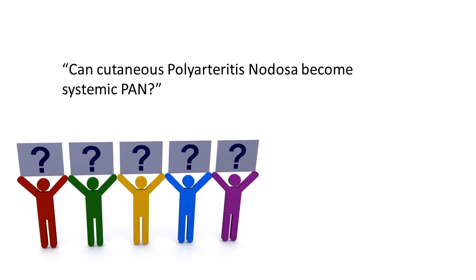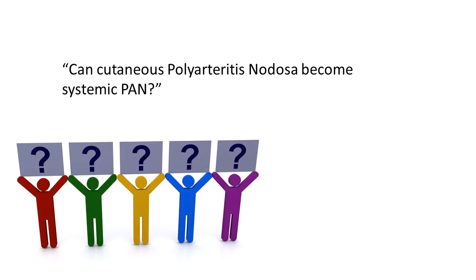The way I interpret that is that when you get a diagnosis of cutaneous PAN, the important thing for the doctor to do is to ask all the questions about other stuff going on. Often I will do some imaging and other workup to make sure that I really am convinced that it's only in the skin.